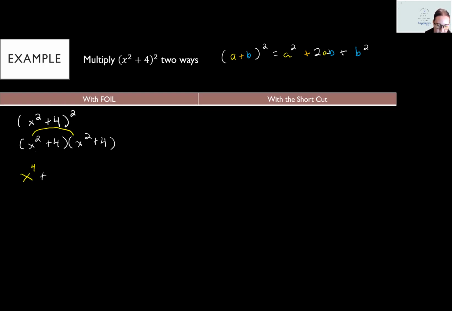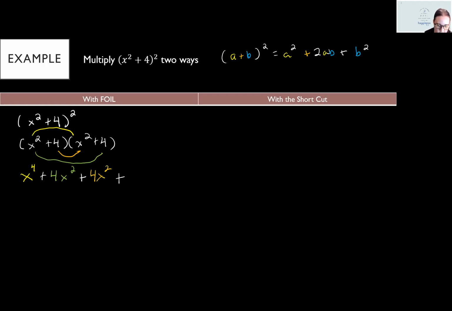Then outside, x squared times 4. That's just literally 4x squared. Then inside, 4 times x squared. It's 4x squared. Oops, I accidentally changed back to white. I want to color code that. There we go.